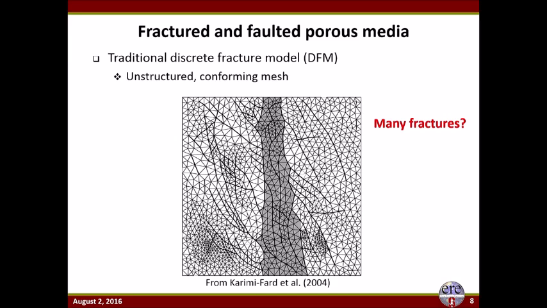So when you have a lot of fractures, you can see in some of these areas that have closely spaced fractures, you end up with a lot of small control volumes that can add a lot to the computational cost of the model.